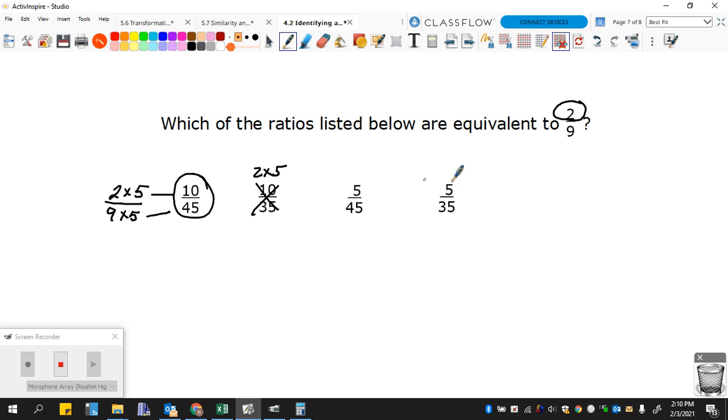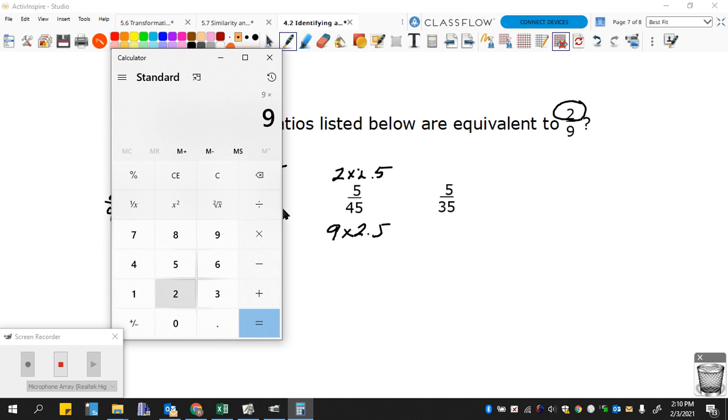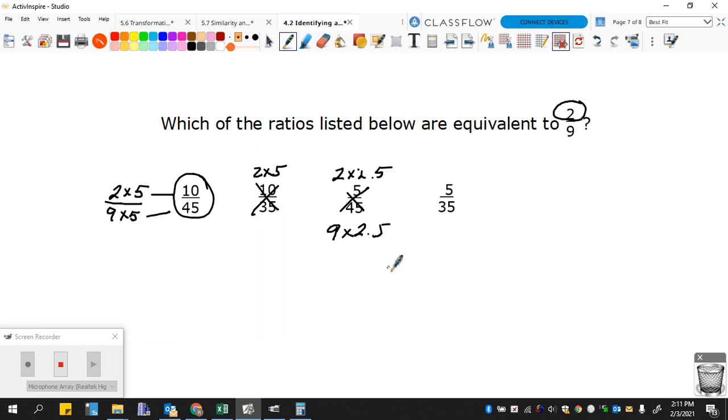Then 2 times 2.5 gives me 5, and 9 times 2.5 is 22.5, so this would not be it. Same thing here: 9 times 2.5 is 22.5, so that would not be it. So the only one here is 10 to 45, an equivalent ratio.